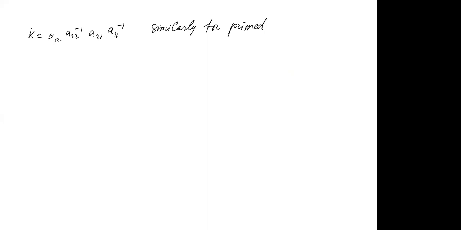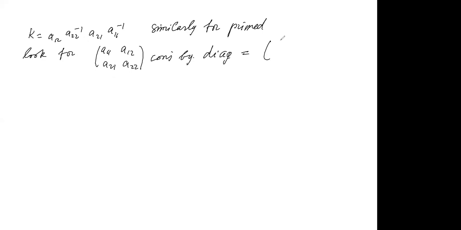Finally, it only remains to look for diagonal matrices such that conjugation of the matrices a1,1, a1,2, and so on, by diagonal matrices will be equal to the primed.